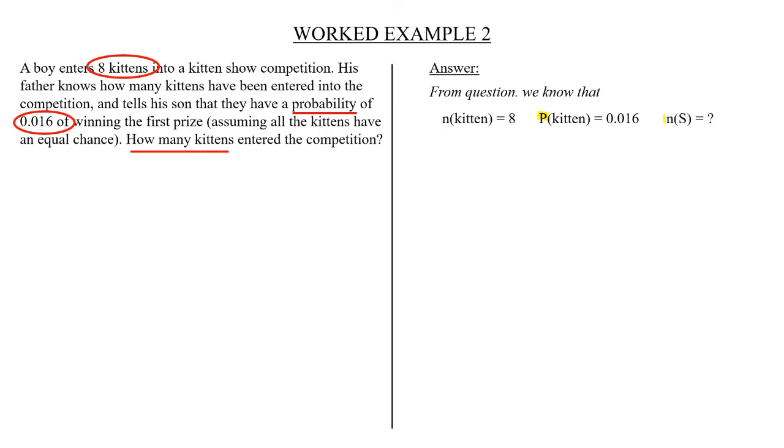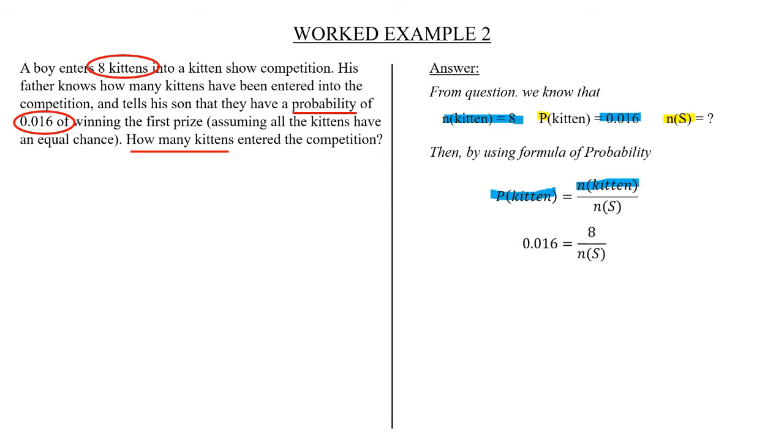So nS means all kittens, how many? By using the formula of probability, we just put the value of P kitten here and n kitten here. Now we are going to find nS, which means the number of all kittens.